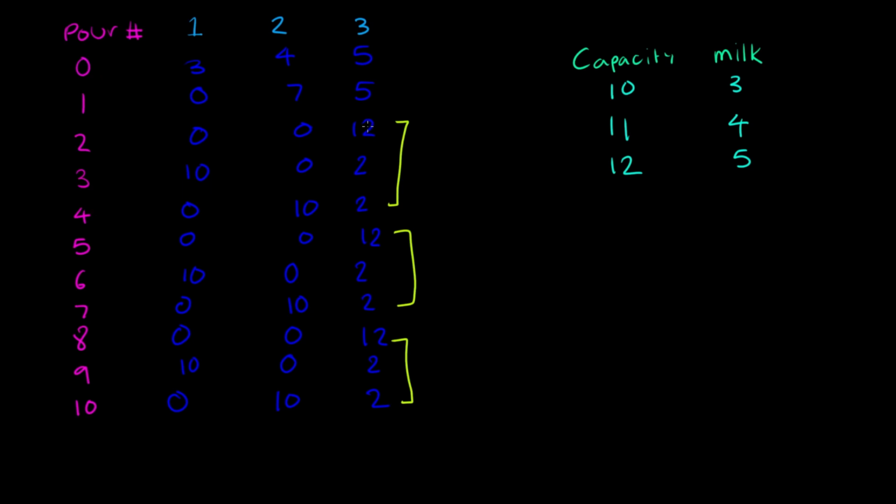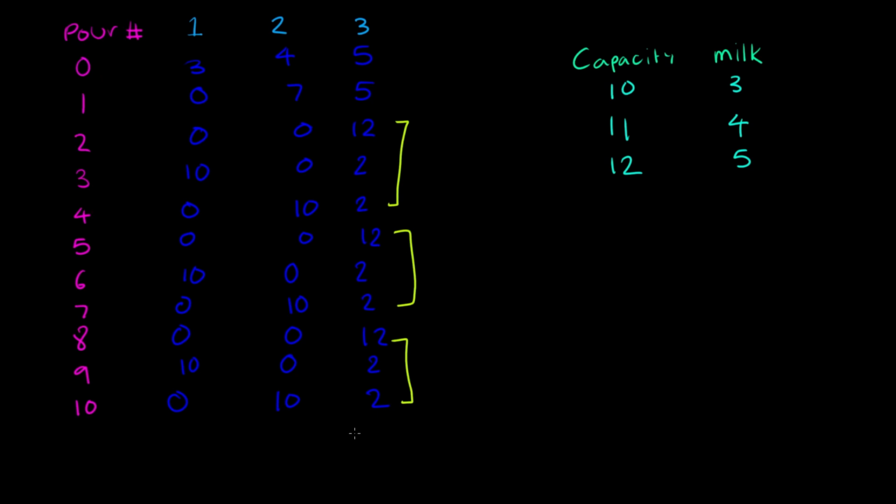You just see the milk moving through the buckets, and these last three states keep looping. So if we were to simulate this 100 times, we would just have these repeating over and over until 100.